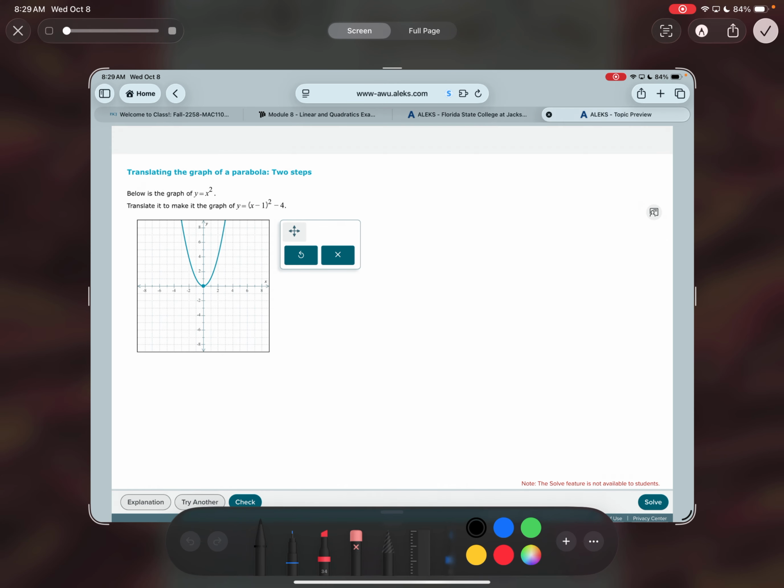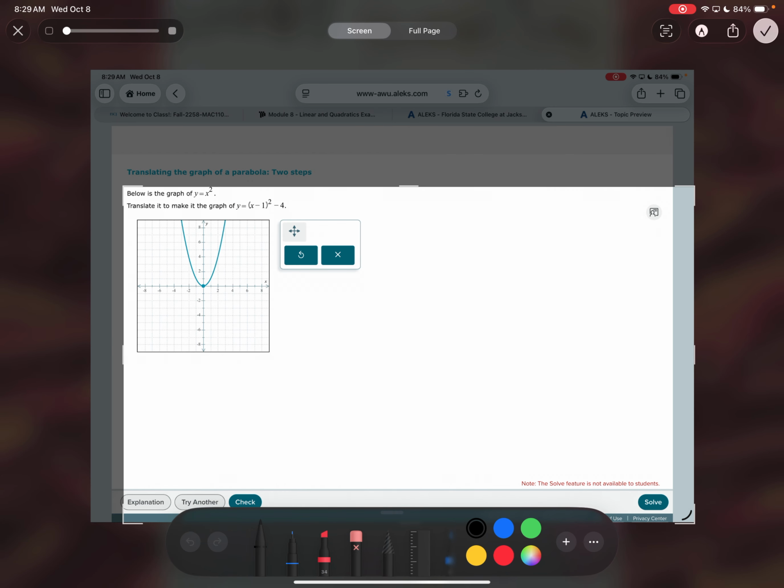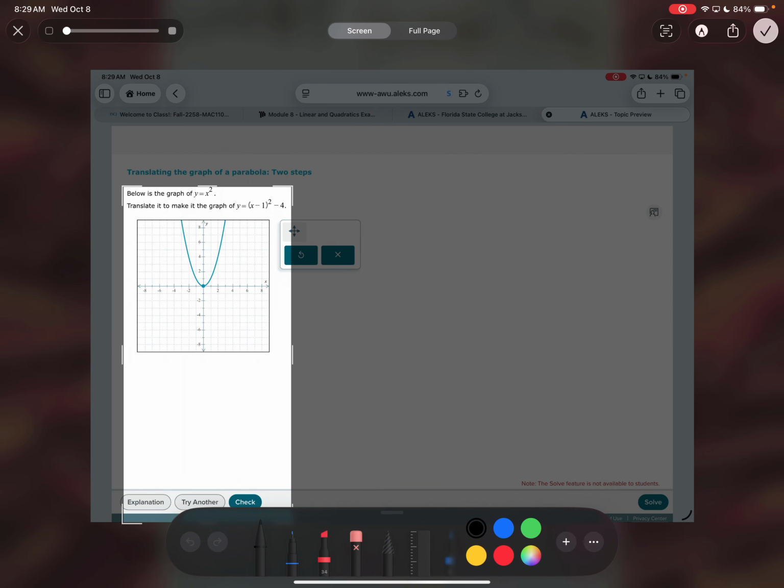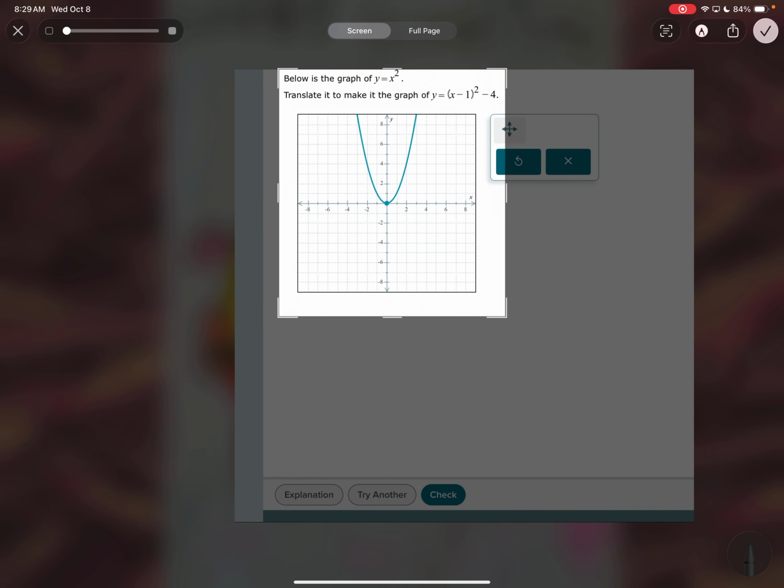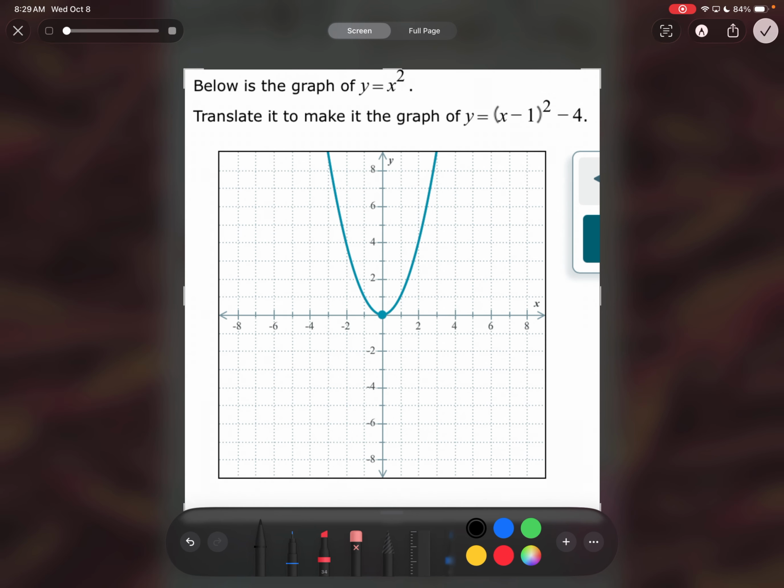So if I was doing this by hand, you still got to know how to do each part here. But I would say, okay, this is on the outside, so that's going to move it down 4. Okay. This is on the inside, and you think opposite.